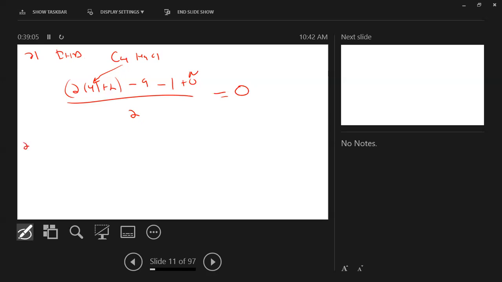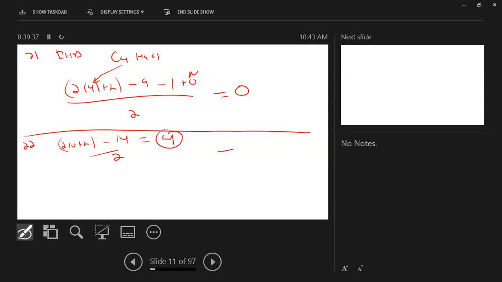22 is the same concepts. What do we have here? 22 minus 14. So we do have an index of hydrogen deficiency of 4.